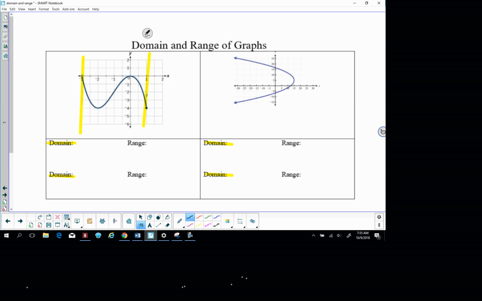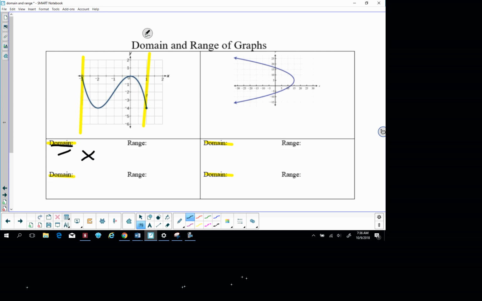Now, see how there's an open circle and a closed circle? Remember, open circle means it doesn't include that number. Closed circle means it does include that number. So what letter are we talking about when we're looking at domain? X. So X is going to be in the middle.